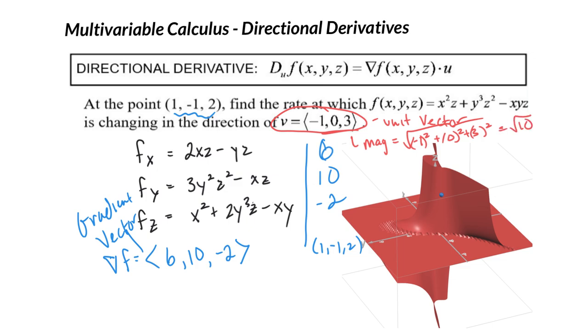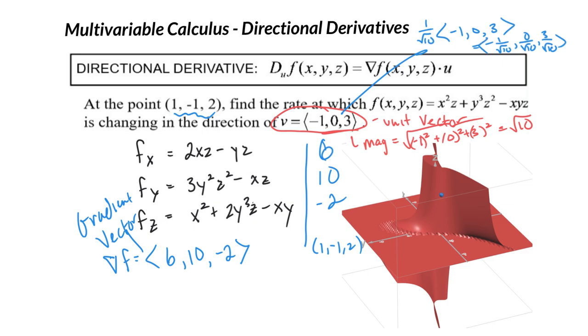So I can take my existing vector and we scale that by 1 over the magnitude in order to get my unit vector. So -1 over the square root of 10, 0 over the square root of 10, and 3 over the square root of 10.